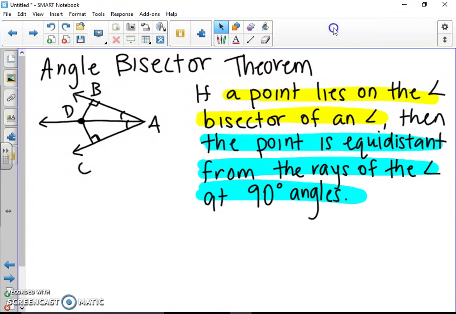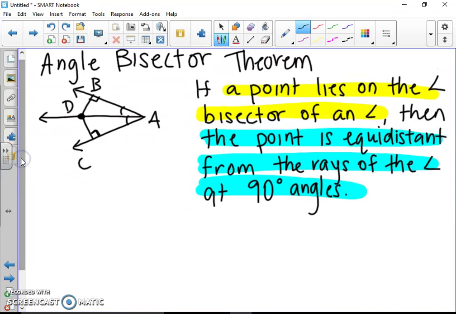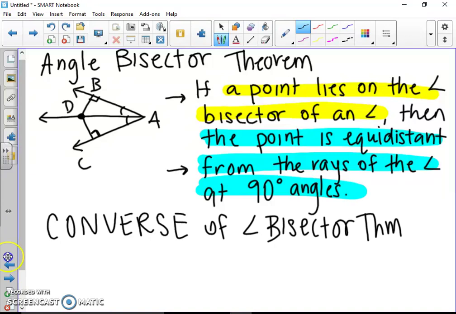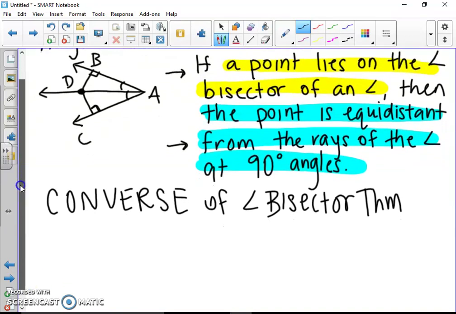Okay. So the converse of this theorem is just going to move backwards, but I'm going to write it a little less formally. Okay. So now we're talking about the converse. So we're just switching around the hypothesis and the conclusion. We're going to switch those around. So the converse of angle bisector theorem. And that's going to look something like this.